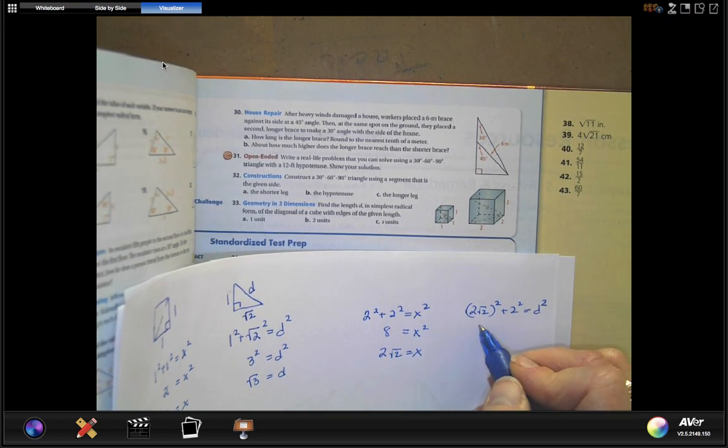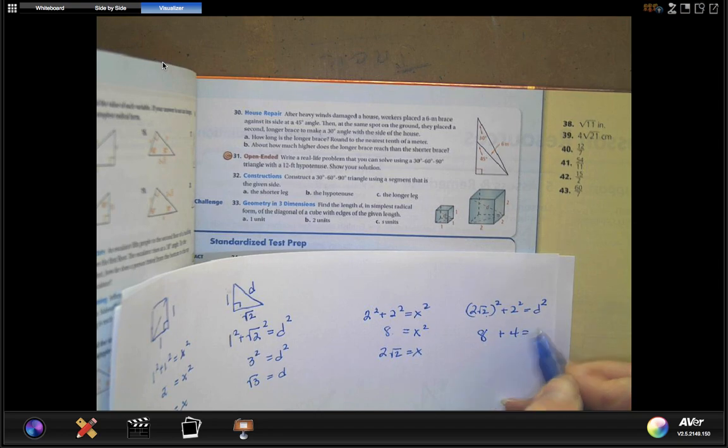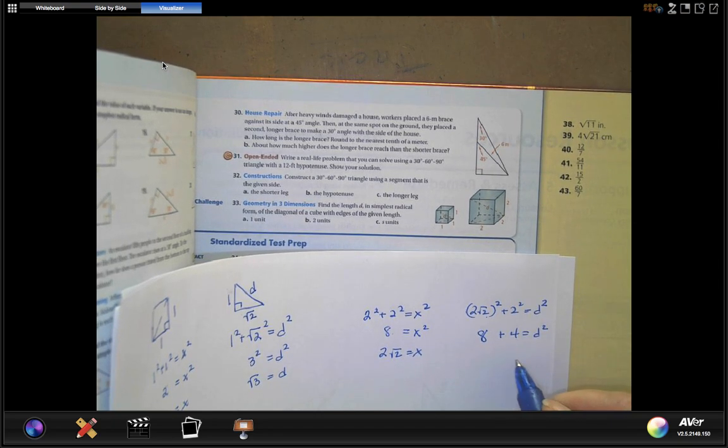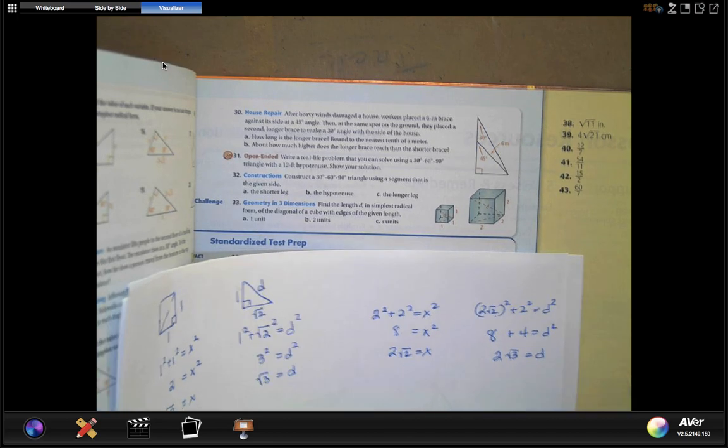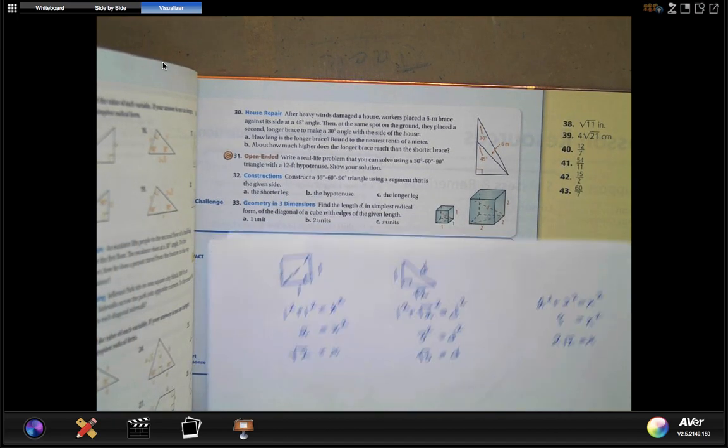This ends up being 8 again, then 2 squared is 4, so I get 12. 12 is the same thing as 4 times 3, so I get 2 square roots of 3 for the diagonal in this one.